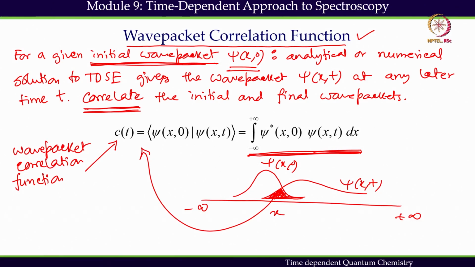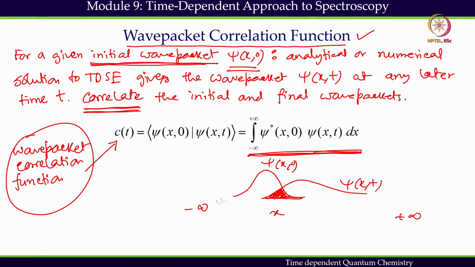So we have seen that the wave packet correlation function is nothing but finding out how much they are correlated, how much they are overlapping with each other over the space. So the extent of overlap is going to be calculated through this correlation function.